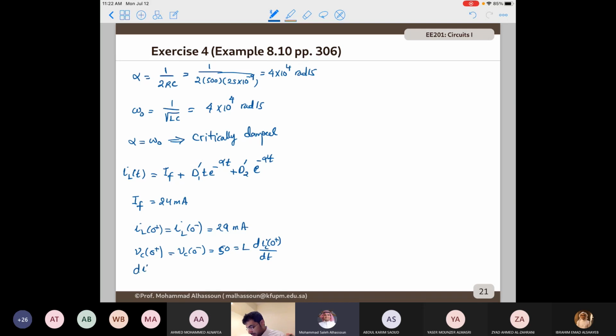Therefore, di by dt evaluated at t equals 0 plus is going to be 50 divided by L, which is 2000 amperes per second.